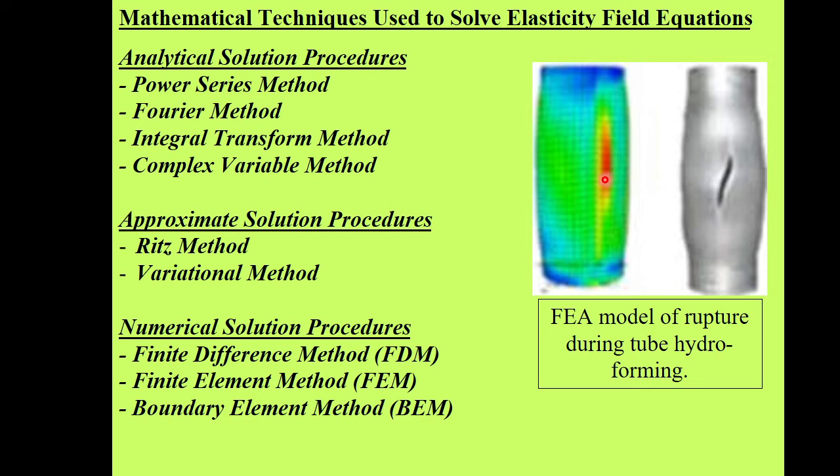Okay. So this is a solution of a tube problem, rupture of a tube in hydroforming, some pipe flow, etc. There are various applications of these things. In gun barrels, etc., there are so many types of applications.